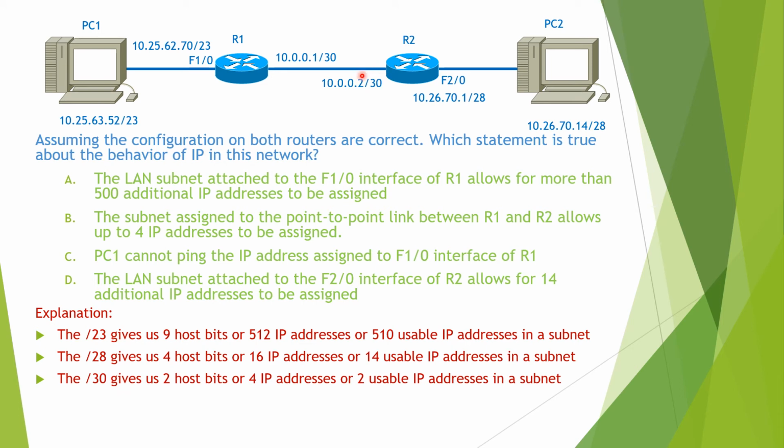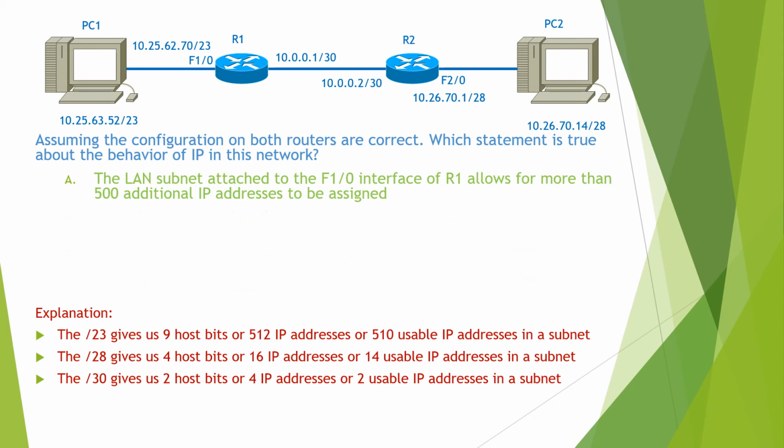The /30 gives us 2 usable IP addresses in a subnet, which makes B incorrect. Therefore, the only correct answer in this question is A. You can find the detailed explanation for this question in the video, Working with IPv4 addressing.